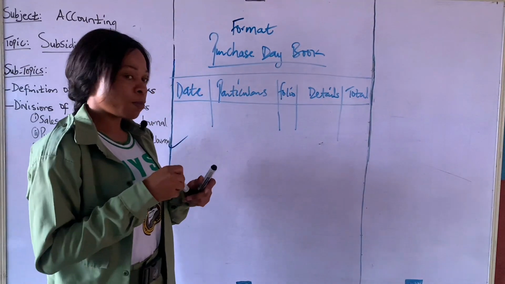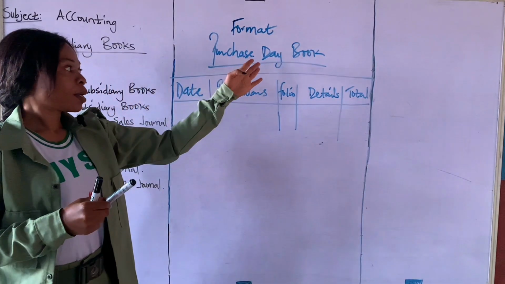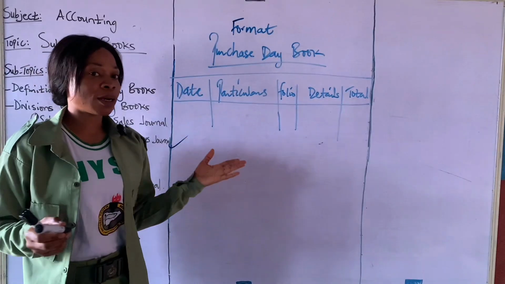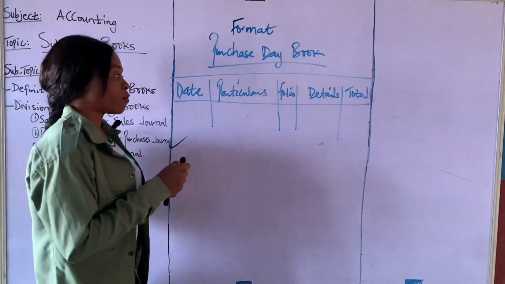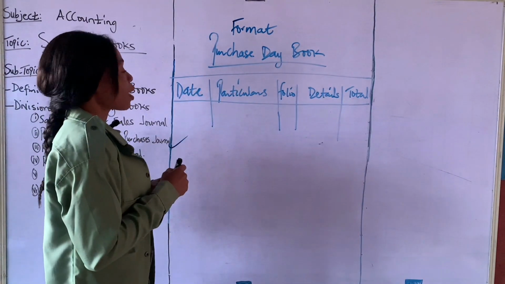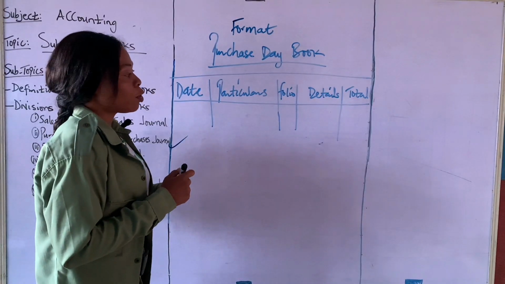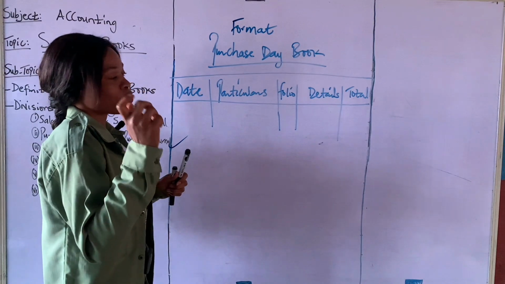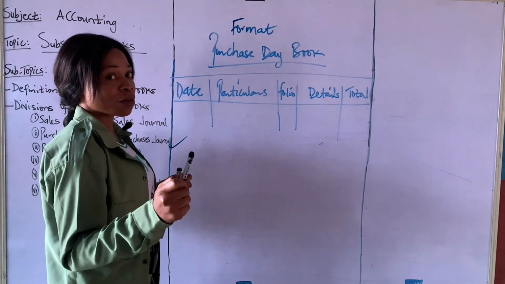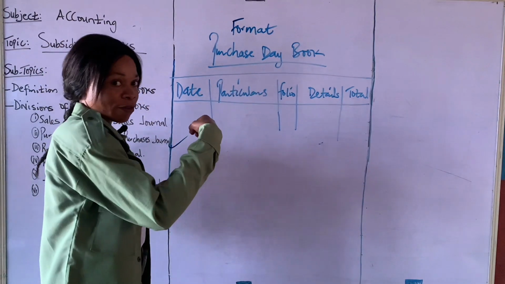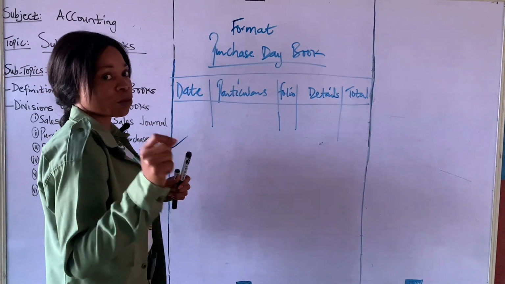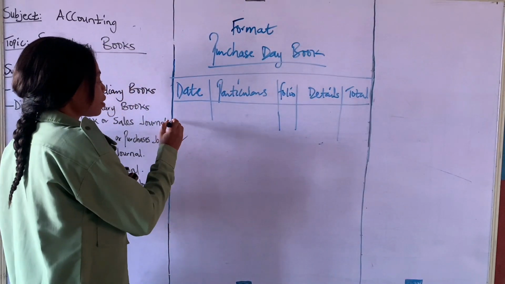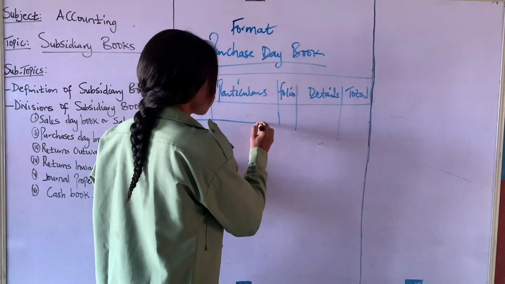Remember that this particular daybook does not follow the double entry principle. It's a one-sided account. And we said in our first video that subsidiary books of account are those books in which all transactions that happen in an organization are initially posted first before they are transferred to the principal books of account. So I've said earlier that any purchase of fixed assets will not find expression here.